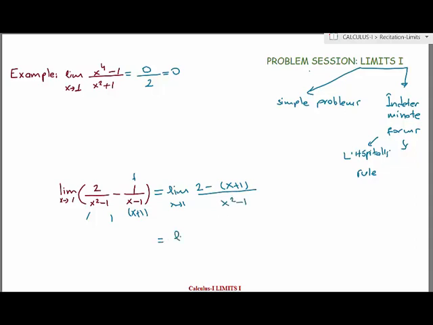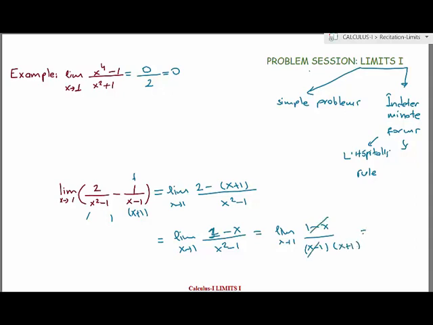Let's simplify this expression. 2 minus 1, we have 1, minus x over x squared minus 1, when x tends to 1. And finally, I re-express the denominator of the fraction as the multiplication of x minus 1 and x plus 1.